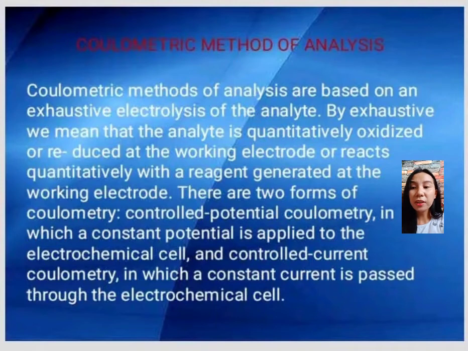The other form of coulometry is what we call controlled current coulometry. So what is controlled current coulometry? Controlled current coulometry is one in which a constant current is passed through the electrochemical cell.